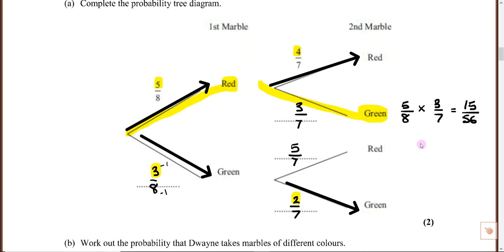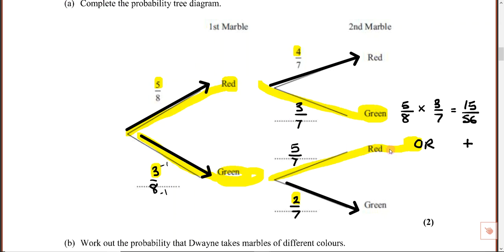But there is this option, or, which means we're going to add. The other option is green followed by a red. Okay.